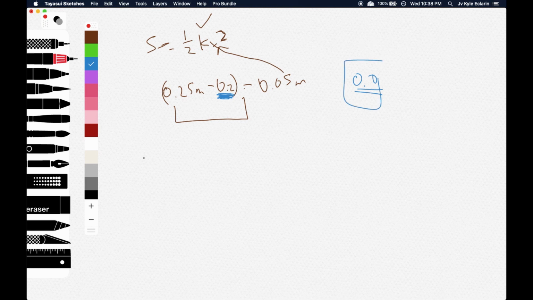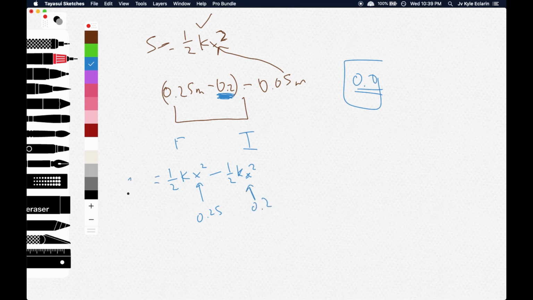So the way to actually do this problem is you have to have a final energy, and then you subtract it from the initial energy. Final is 1/2 kx squared, where x is 0.25, minus 1/2 kx squared, where x in this case is 0.2.